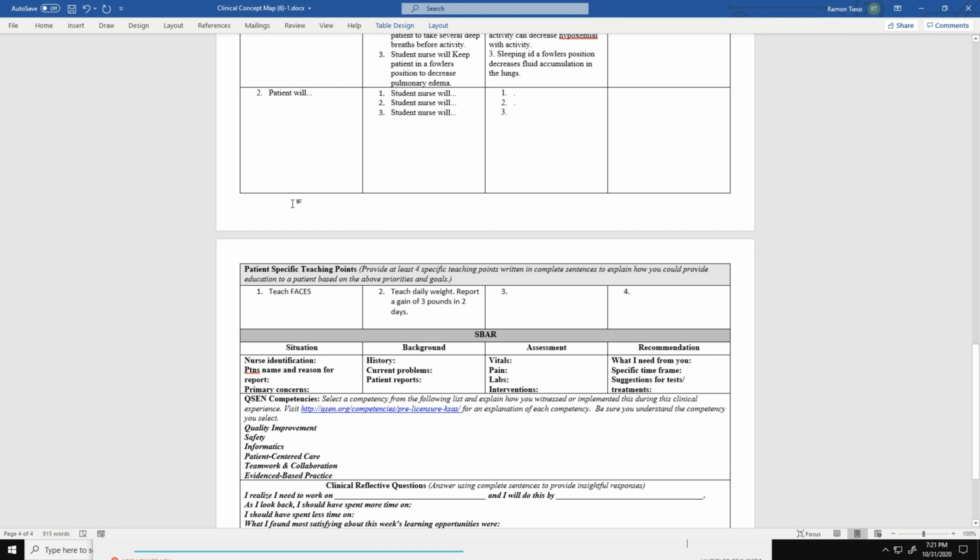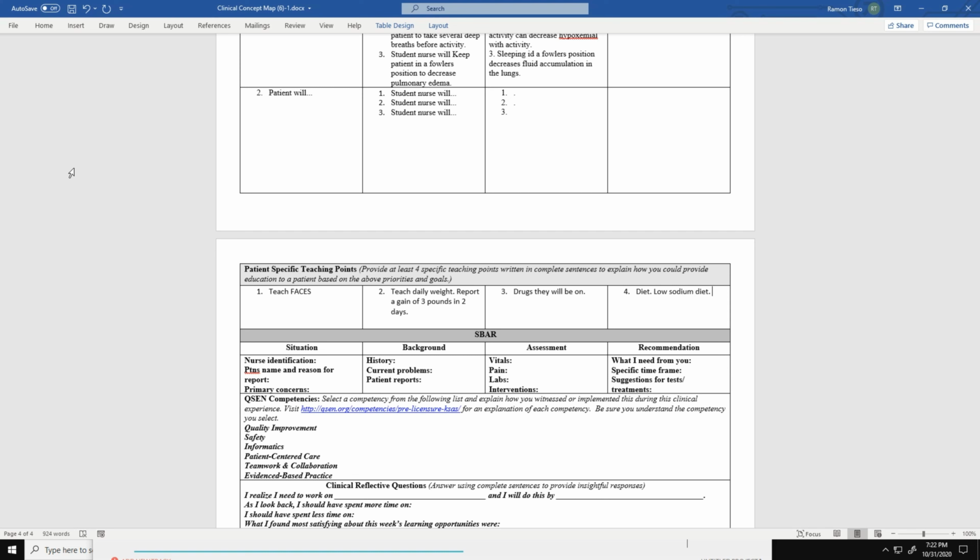And there's several other things. Any drugs, right? Drugs they will be on. Make sure that they know that. Diet, right? Most likely this guy here will be on a low sodium diet.